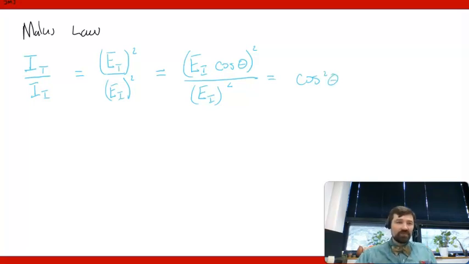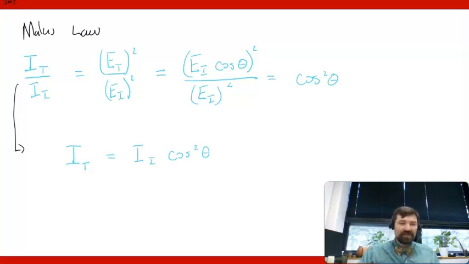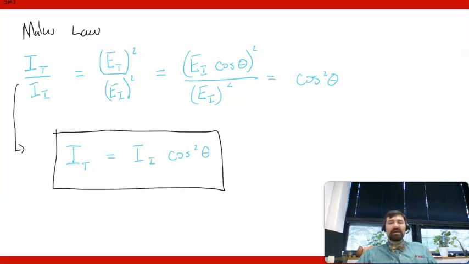And so the way that we usually formulate Malus's law is we usually multiply both sides by the incident intensity value. And so what that means is that I transmitted is equal to I incident times the cosine squared of theta, where theta is defined again as the angle between my incident polarization and my transmission axis.